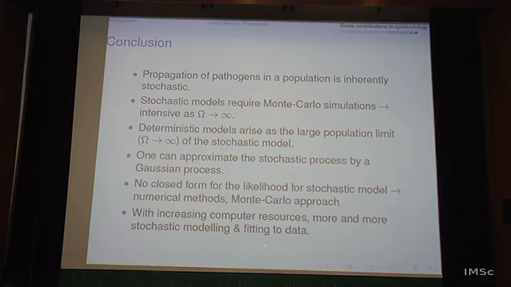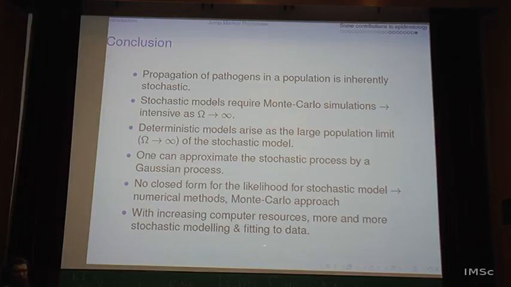If you want something intermediate between fully stochastic and deterministic, you can use second-order approximations, which approximate the stochastic process by a Gaussian process. When you want to do fitting, there is no closed form for the likelihood. That's what I skipped earlier. So you also need to use a Monte Carlo approach. All these things are computationally intensive.